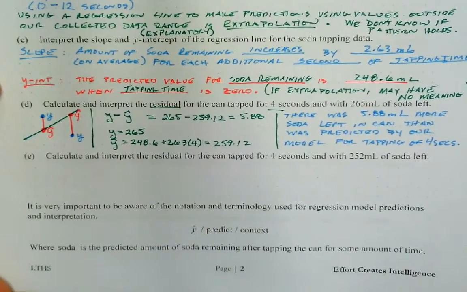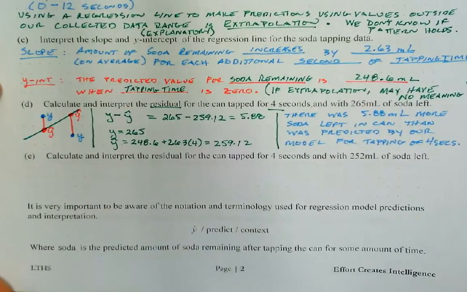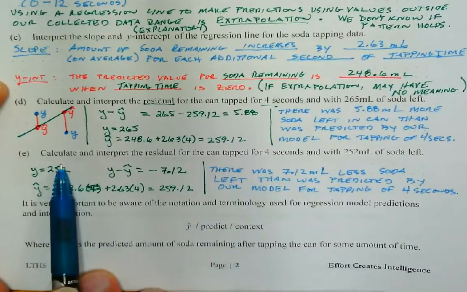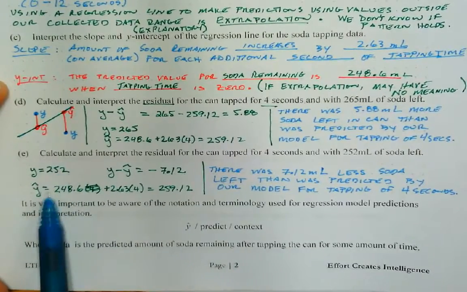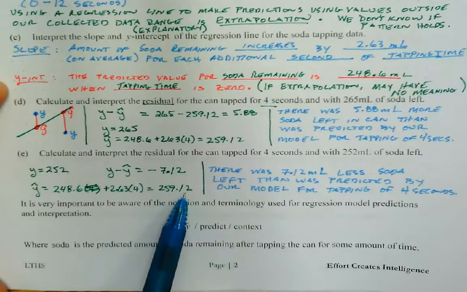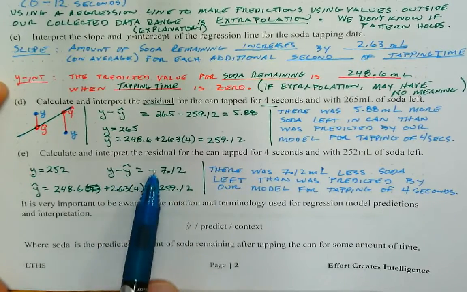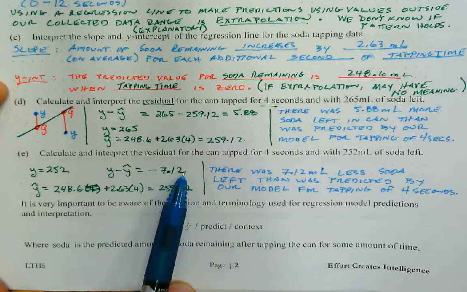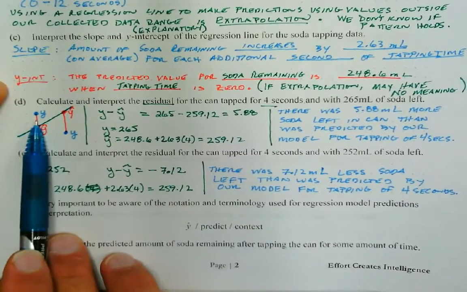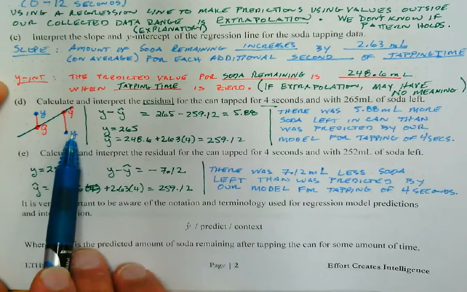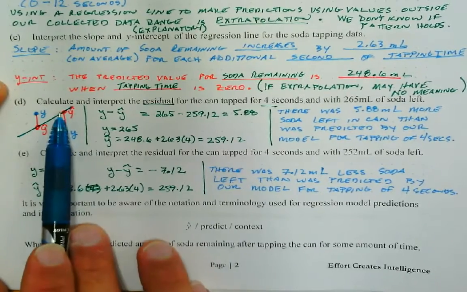Pause the video, try it out, unpause the video, check your answer. So y is 252, y hat is still 259.12, and y minus y hat, the residual, is negative 7.12. The residual could be positive if my actual is above the regression line, and negative if my actual is below the regression line.